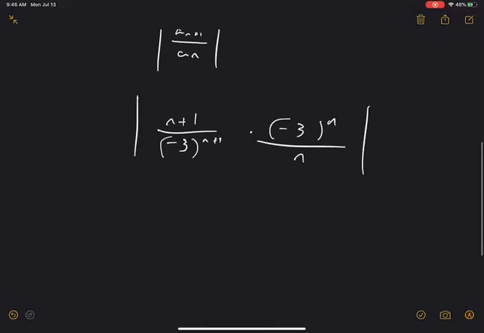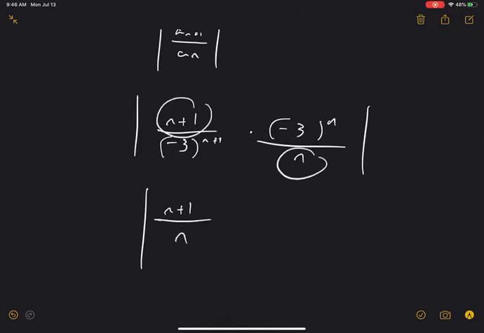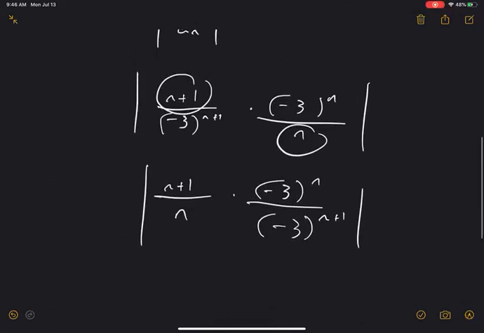Now, once we have this, what we usually do is we get similar stuff over similar stuff. So that n+1 is similar to this n, right? And this rearrangement doesn't affect anything. I'm not changing anything. Okay. So I've just rearranged it a little bit.